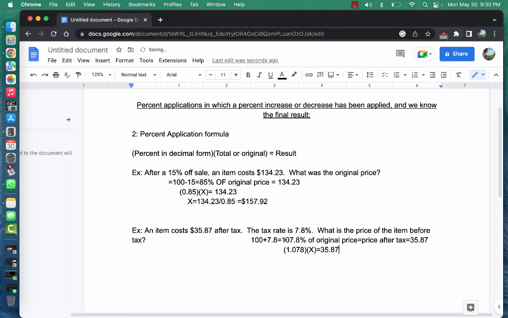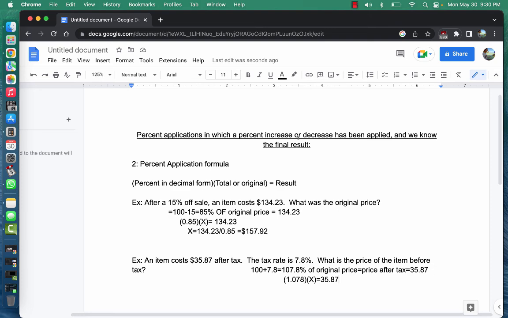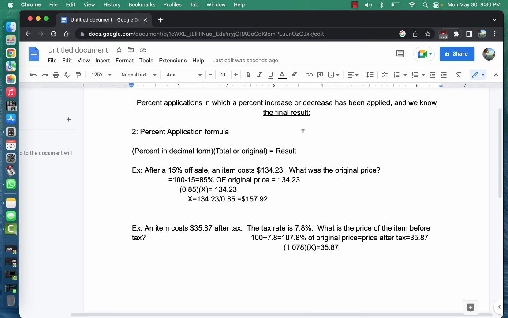So the big difference here is that the 7.8% was added on, versus over here, the 15% was taken off. Either way, we understand that with an increase or decrease, we add it or subtract it from 100, we convert that to a decimal, and then that's times X to get the result.